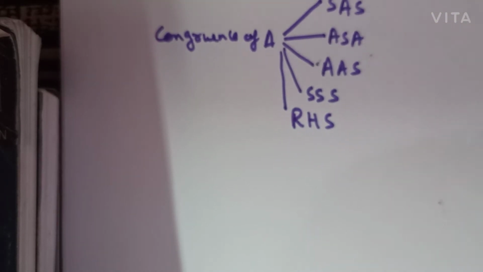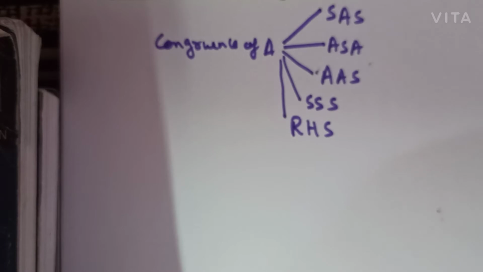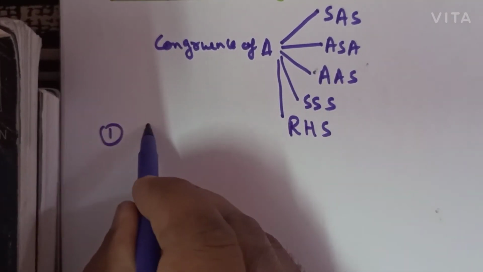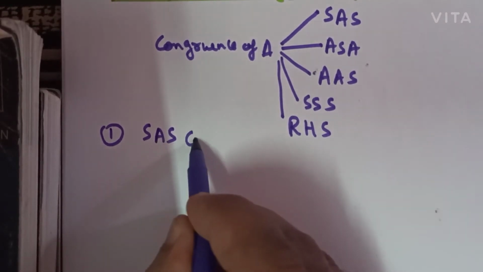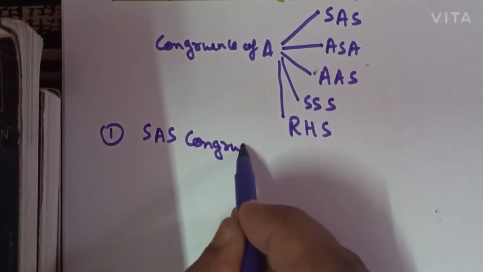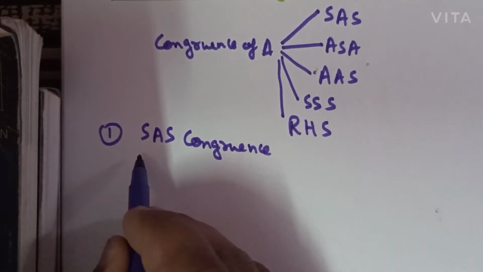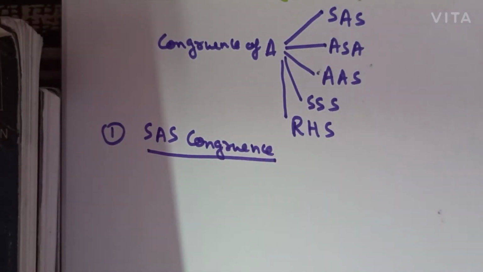Now we are going to start one by one with the first congruence condition, that is side angle side congruence. I am writing in short, SAS congruence, but it means side angle side congruence.